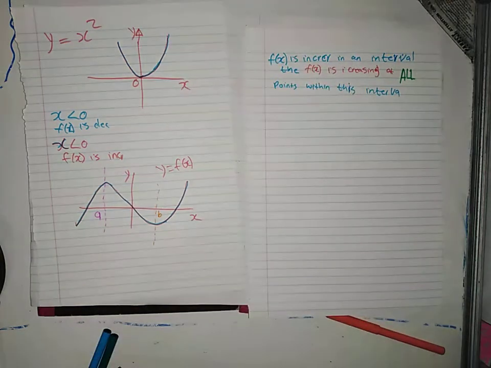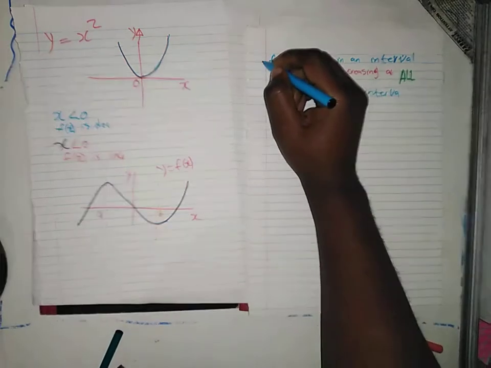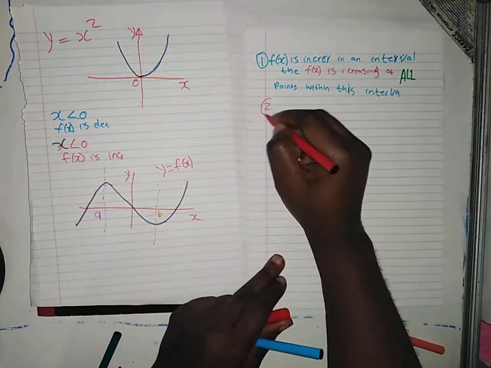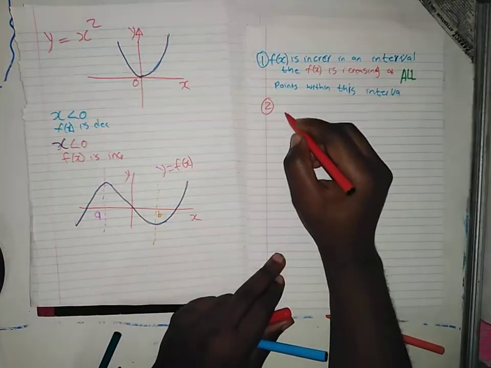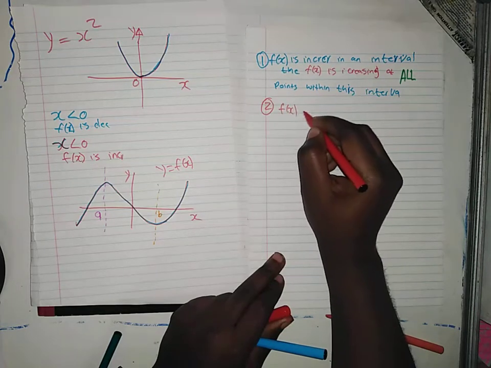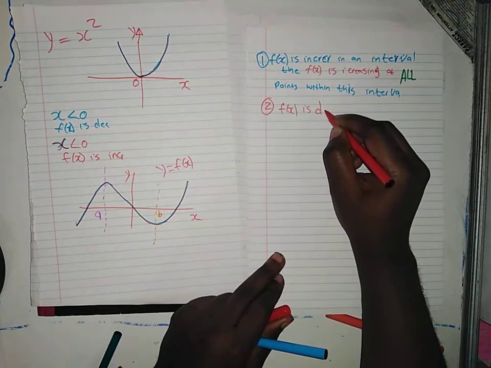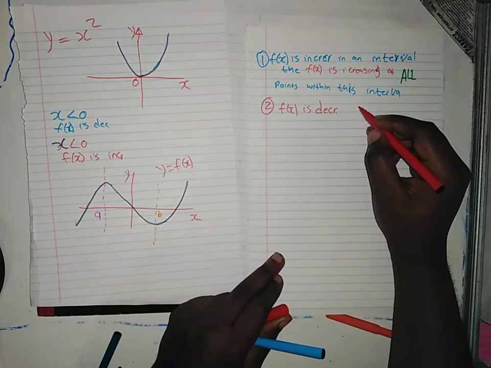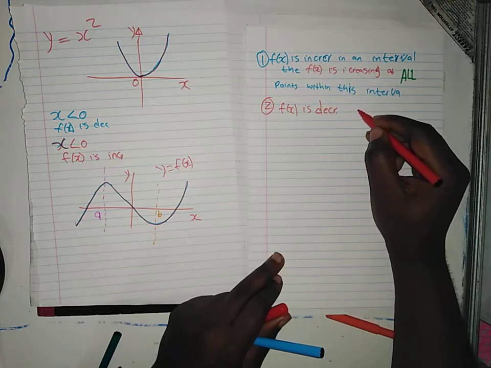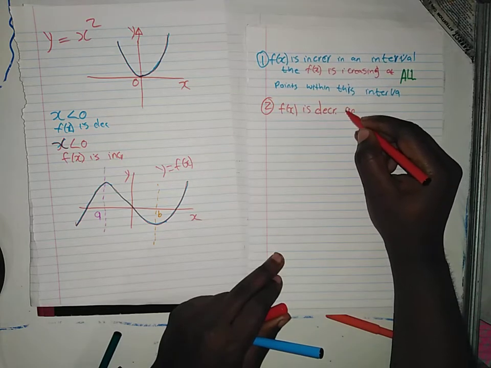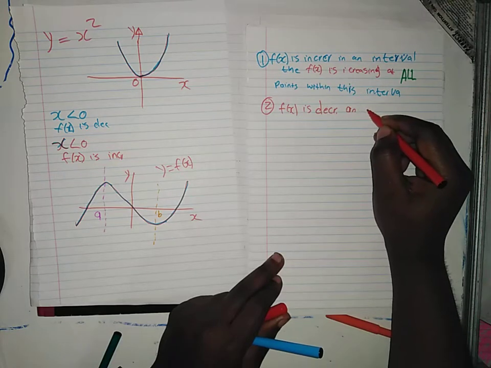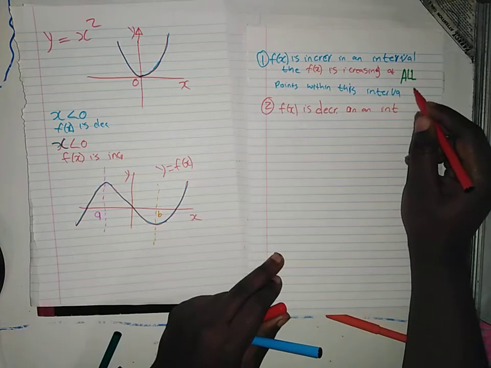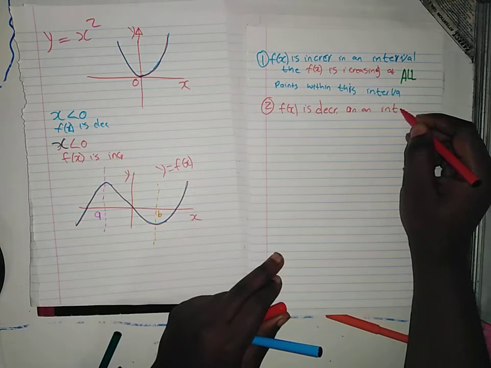Okay, let's continue. So that is one. Let's put it as one fact. Now there is a second fact, which is also very important. Now what is this fact? This fact is that if f at x is decreasing, now this is just the opposite of the previous one, but I just need to write it for formality's sake. If f at x is decreasing on an interval, but anyway, we're not teaching English here, we are teaching maths.